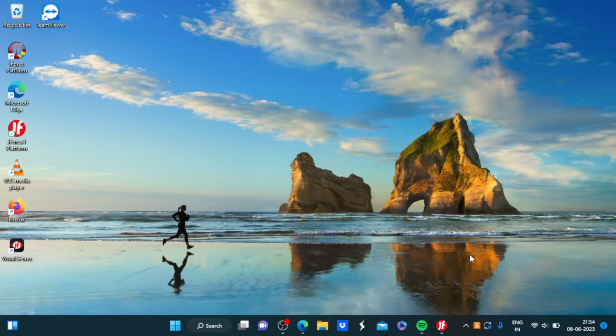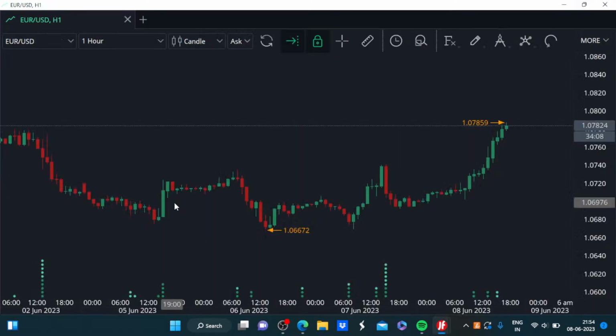This is the Euro USD chart with each candle period defined at hourly. In today's session, we have seen a significant up move, more than half a percentage point move for the Euro USD, and for the last couple of hours, the Euro has kept climbing up and up.